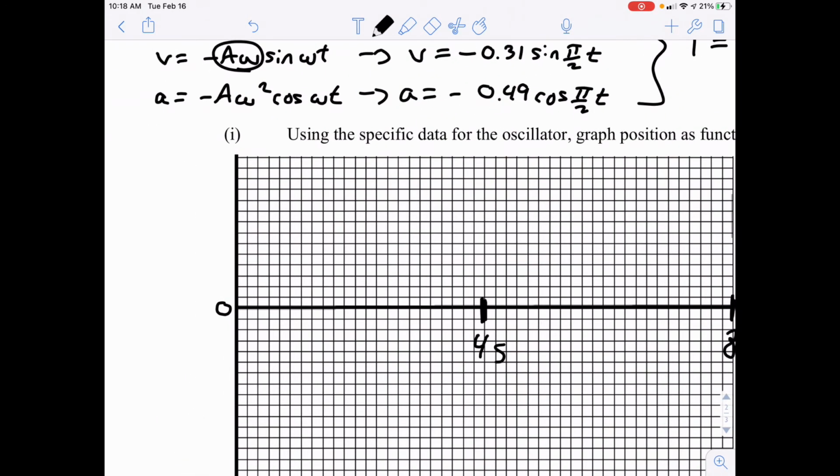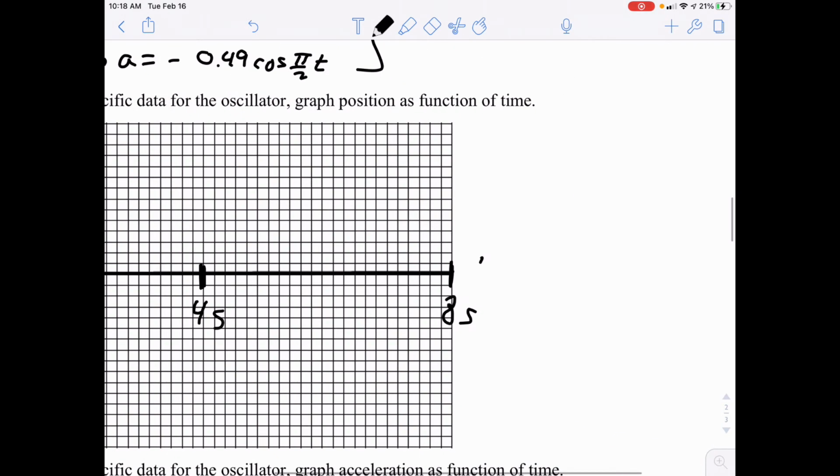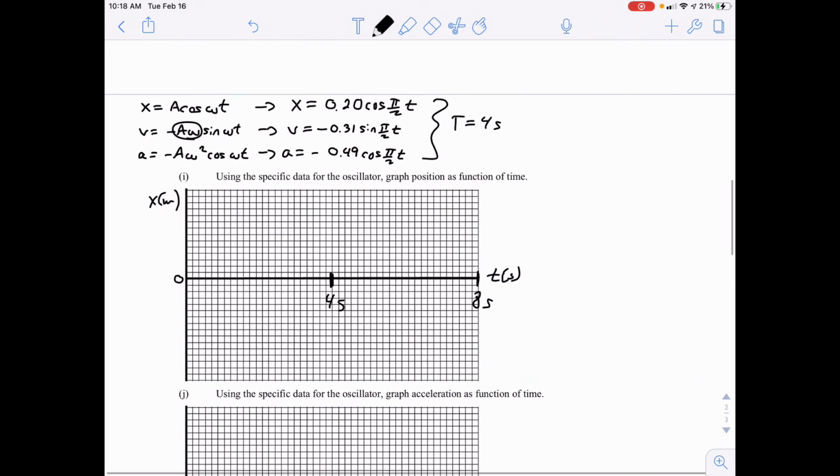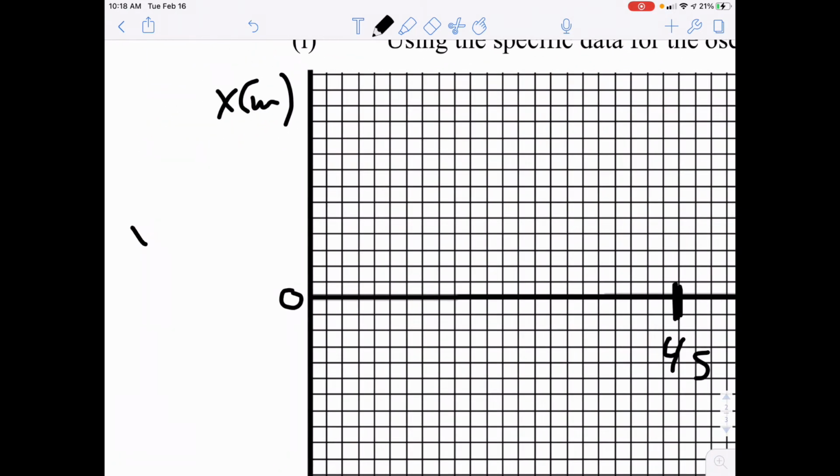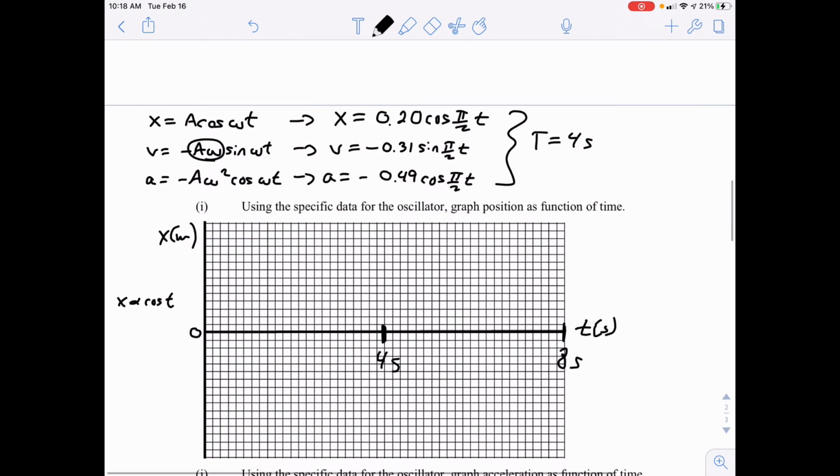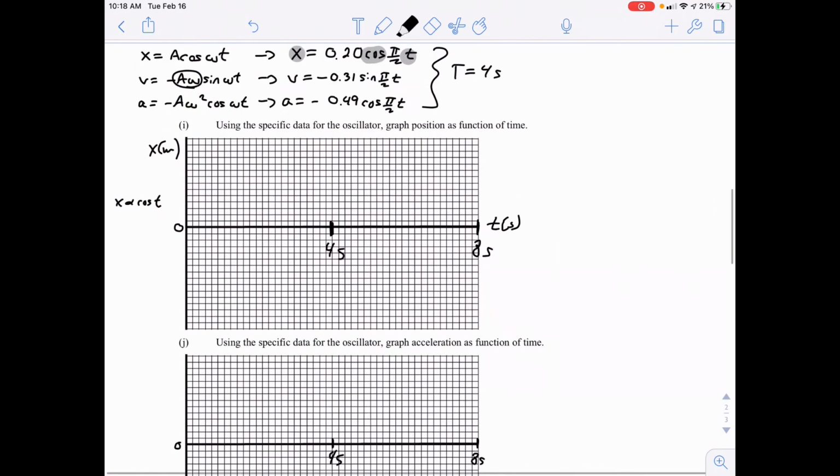Okay, this one would be position in meters as a function of time in seconds. Now, position is proportional to cosine of t. So therefore, we're drawing a cosine function.